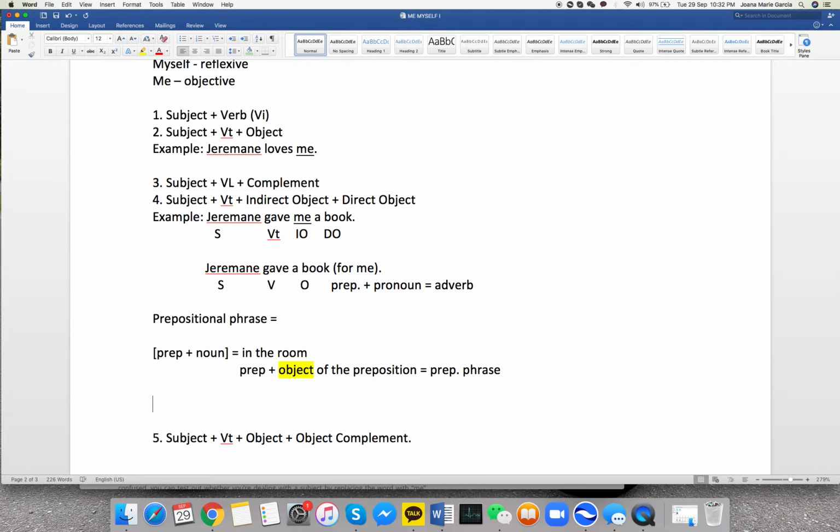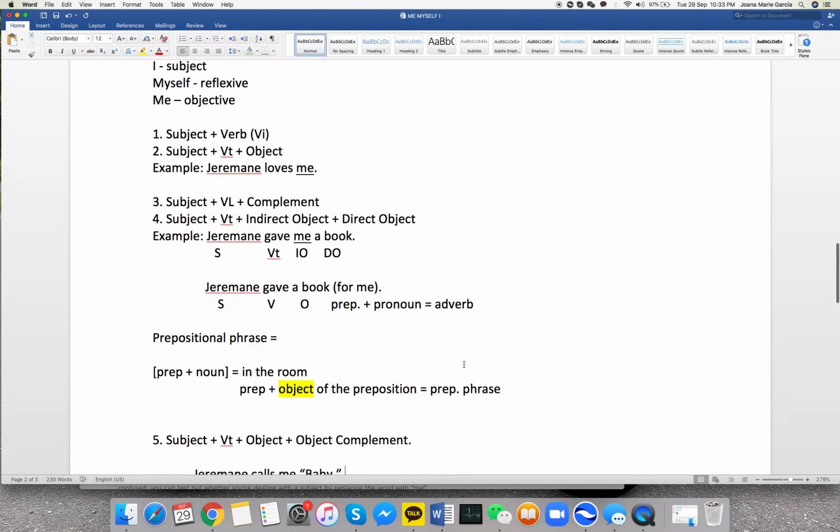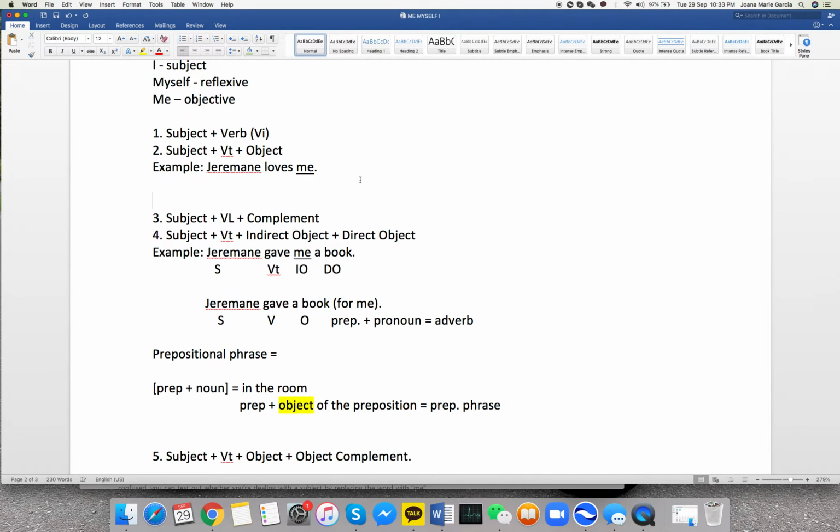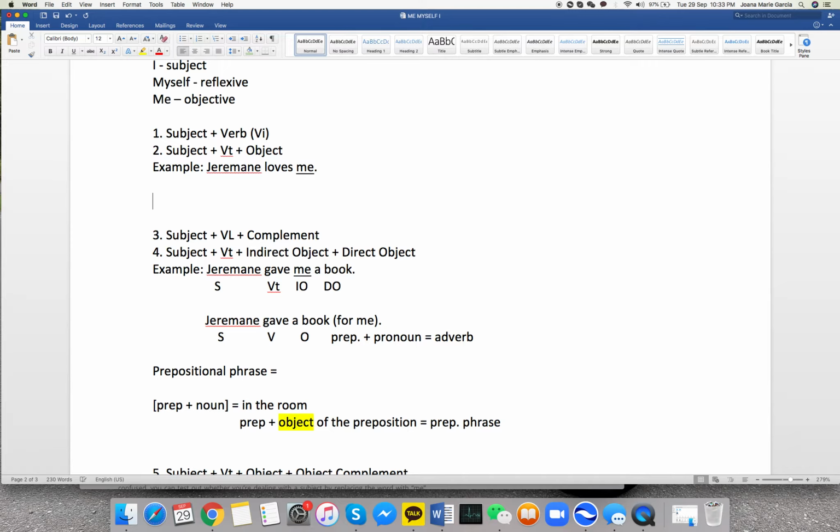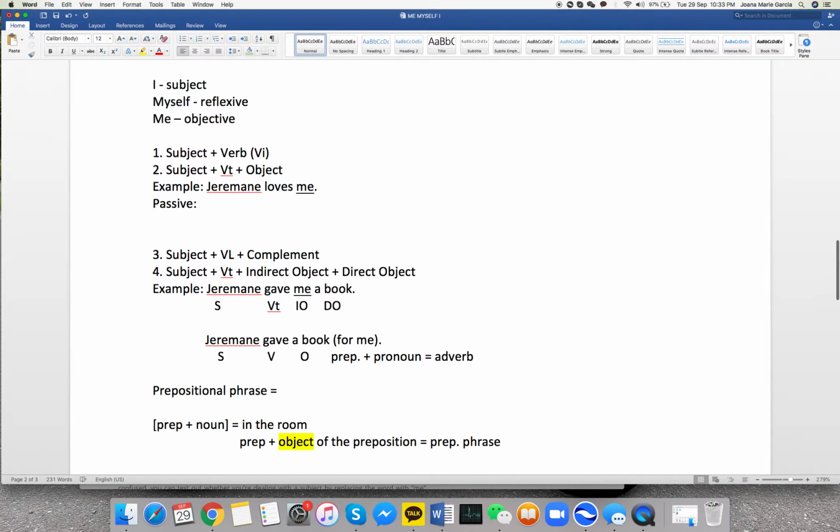Now, let's talk about the passive form. For SVO passive, you have to be careful with this. There are many people who are confused with this. For example, me: I have to make it the subject, so it will be I. And in the present, so I am loved. I'm going to have a separate discussion about active and passive if you request for that, so write a comment down below for your request.